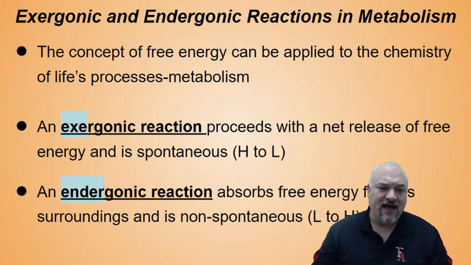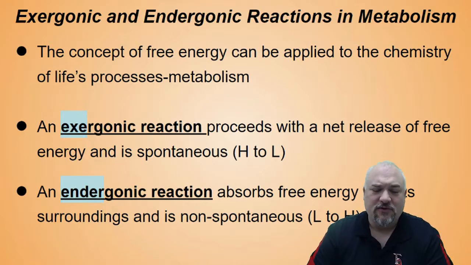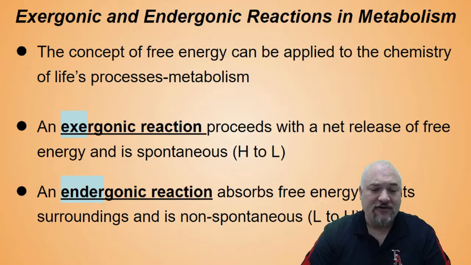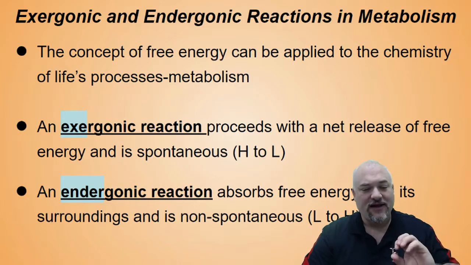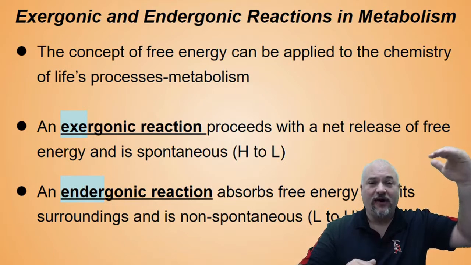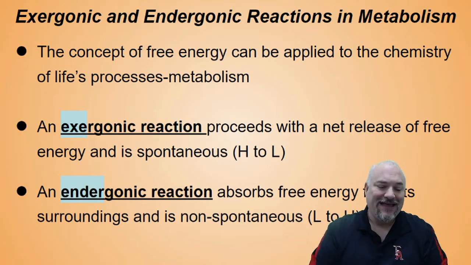Going along with that, we have exergonic and endergonic reactions, which is very similar to what we talked about with catabolic and anabolic reactions. An exergonic reaction proceeds with the net release of free energy. So exo, like out. That's what we're talking about that happens spontaneously. That's going from a high to a lower energy state, and we release that extra energy that we can use for work.